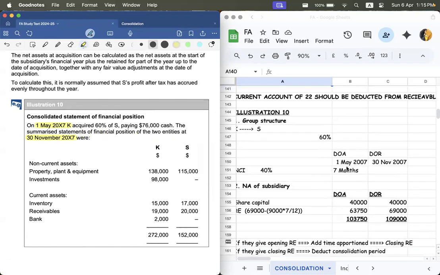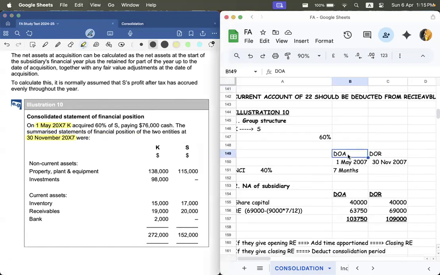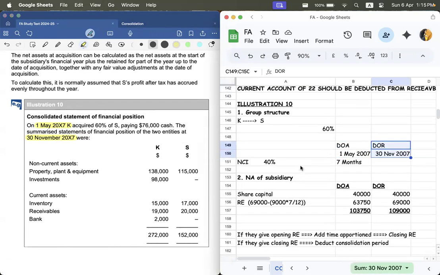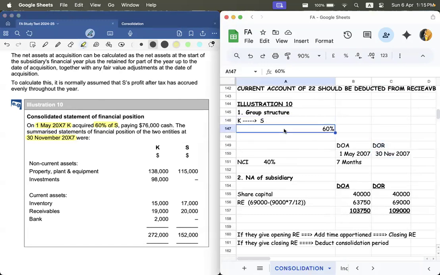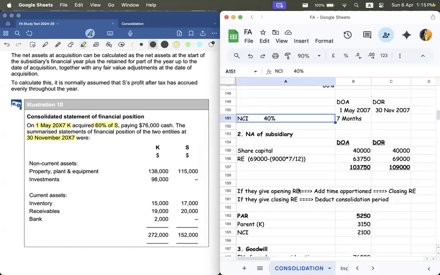Can you see the screen? DOR is here. And the acquisition happened for 60 percentage, which is given here. So K acquired 60 percentage. So NCI becomes 40 percentage. Understood? So working note 1 is done.